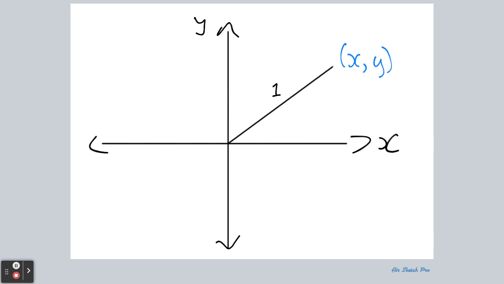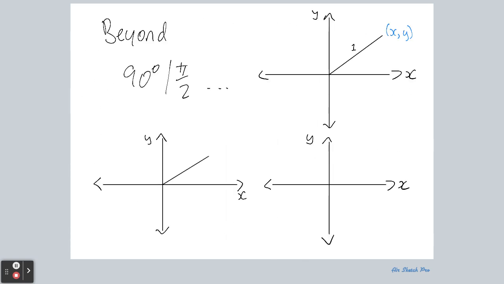So we've got this idea of a random coordinate x comma y. I'll zoom out and leave it zoomed out now. What we can also do is put an angle between the x-axis and that unit line.